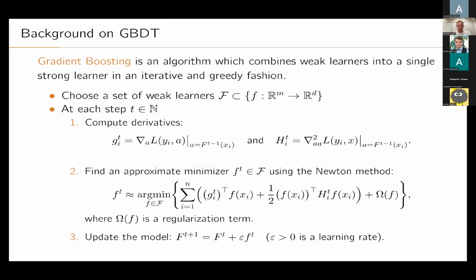So in a sense, we just do a step using gradient descent or Newton method. Gradient descent is when we don't use second order information, and Newton method is when we use second order information. After this step, we add the minimizer to our ensemble, and beforehand we multiply it by some constant just to control the size of steps we make. So we just multiply it by a learning rate.